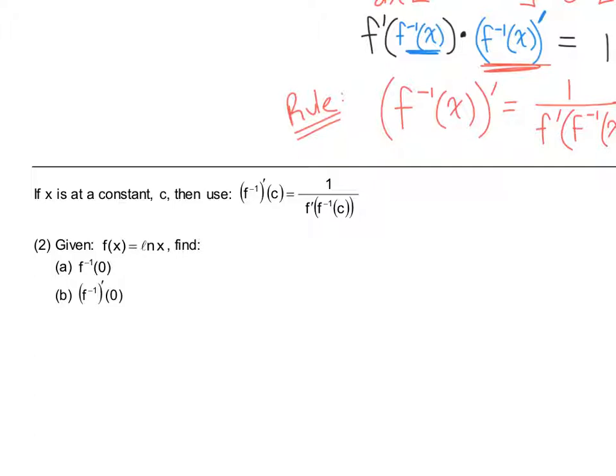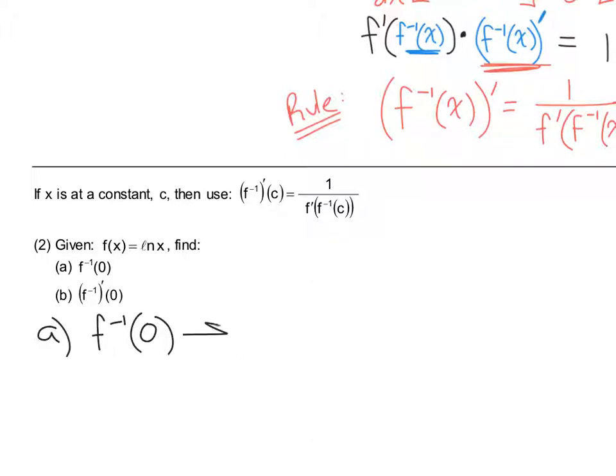All right, so we're given the natural log of x as my function f of x. What we need to do first is find the inverse function at x equals 0. The key to everything is interpreting what that symbolism means. We have this notation. What does it mean?